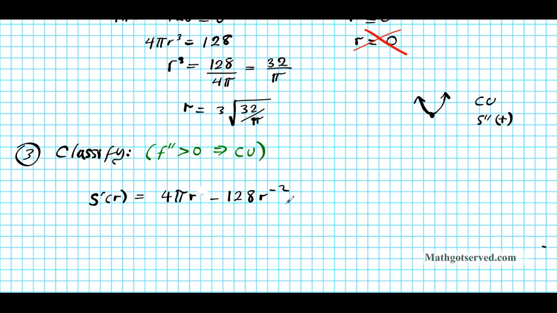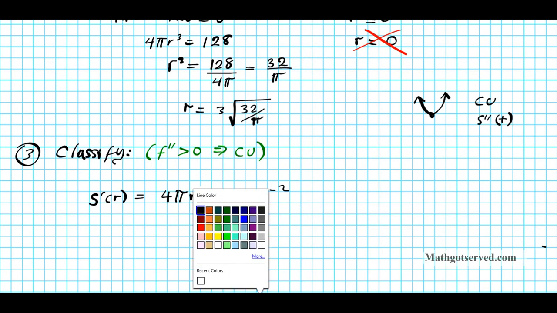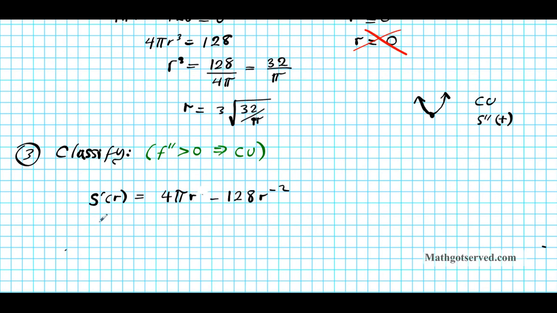So the derivative is going to be the second derivative, s double prime of r, is going to be 4 pi, because the derivative of r is just 1, minus, factor this out, 128. The derivative of r to the negative 2 is going to be negative 2 r to the negative 3.